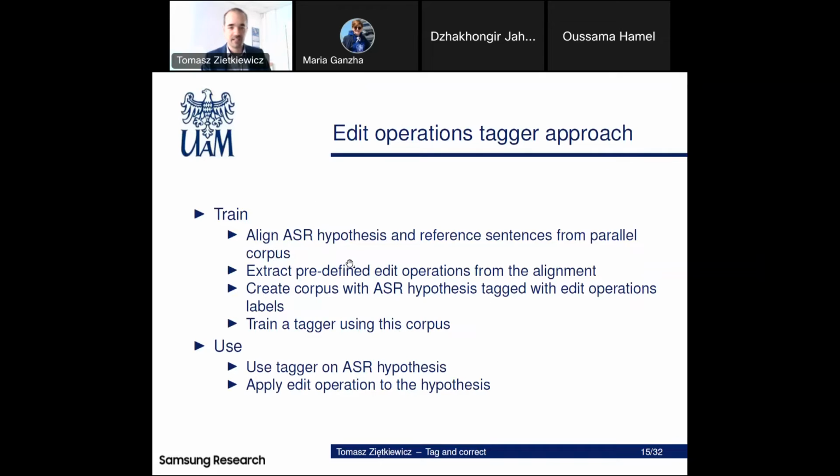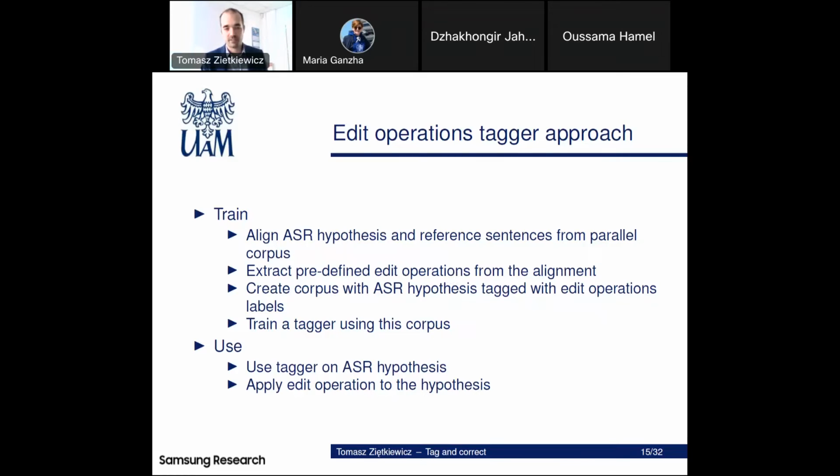We first have to align the ASR hypothesis, so this possibly incorrect sentence, with the correct one. When we do the alignment, we can see which words were altered, which parts of the sentence are different. And using some predefined rules, we can extract edit operations from the alignment. These edit operations tell us how to transform the incorrect words into correct ones.